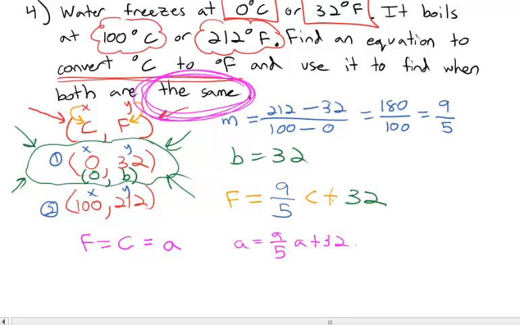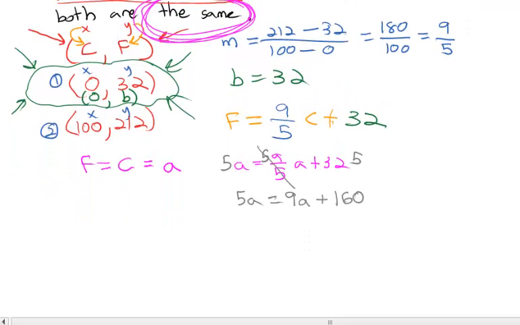Going to get rid of that fraction by multiplying everything by 5. Remember, when we do that, we have to multiply each term by 5 on both sides. The 5's reduce, so we have 5A equals 9A plus 5 times 32. What is that? On the calculator, 160.